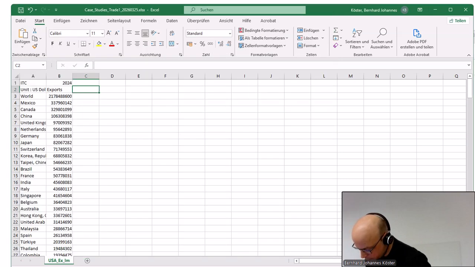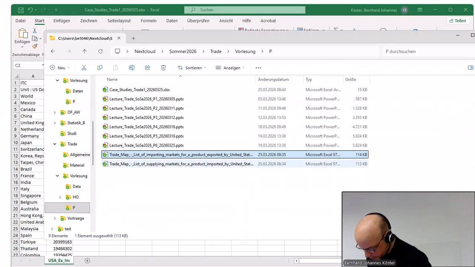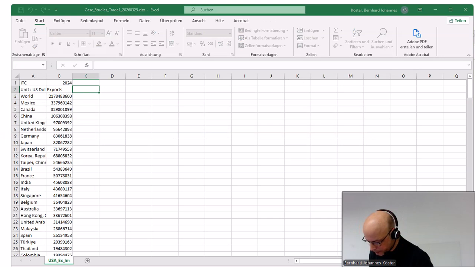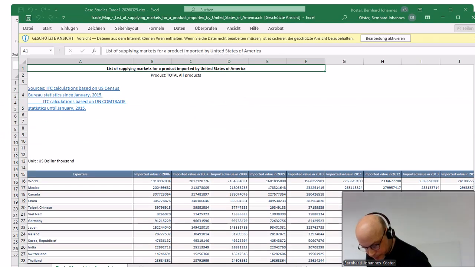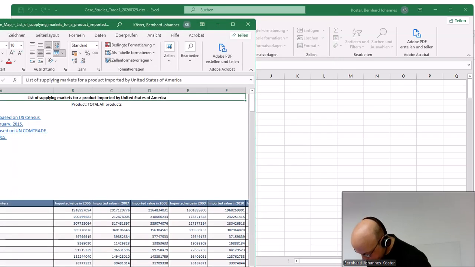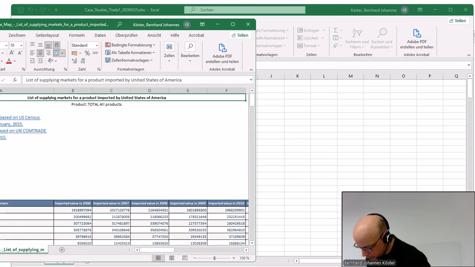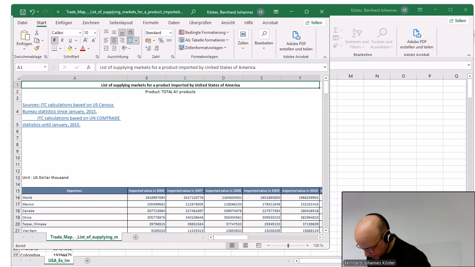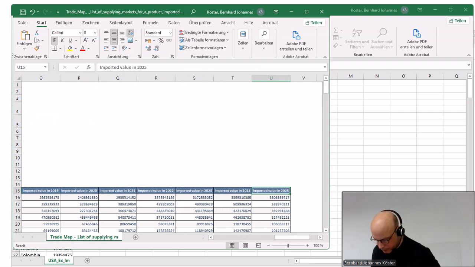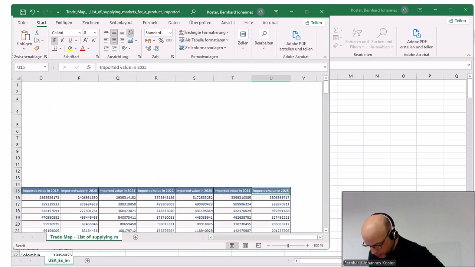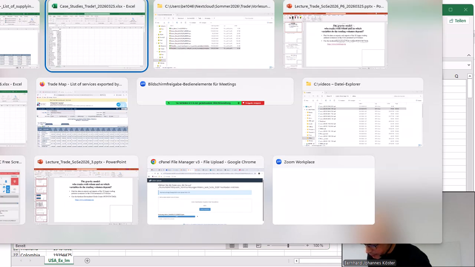Then let's close this and now open the imports. Oops, why is it all moving? Oh, here we have 25 data. Didn't I see it in the exports?